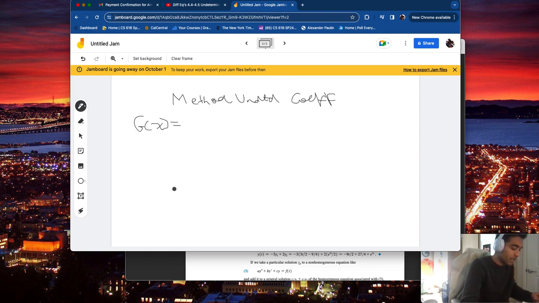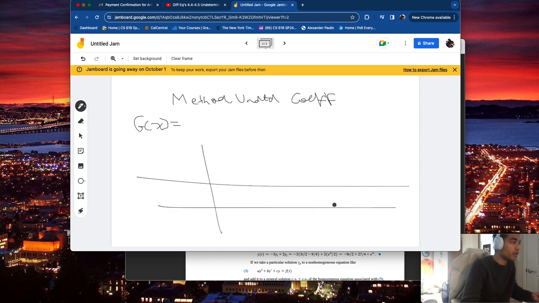Let me make a table. If it exists in the form a e raised to k t, which is the exponential form, then you always know that you have to use this case, which is a constant.